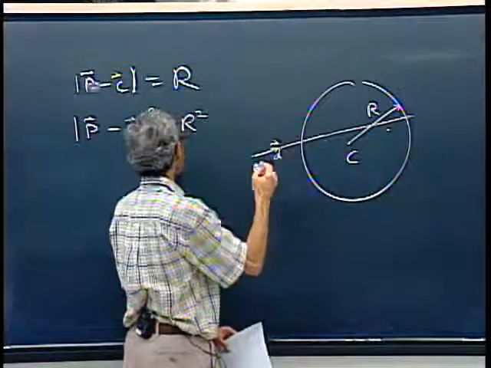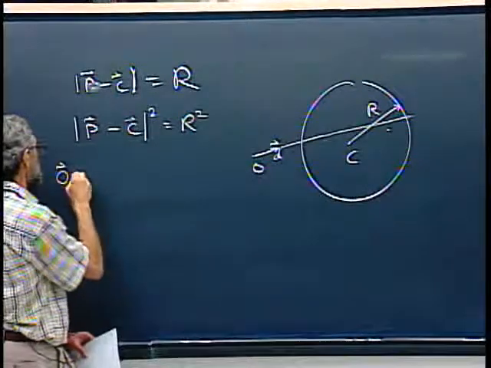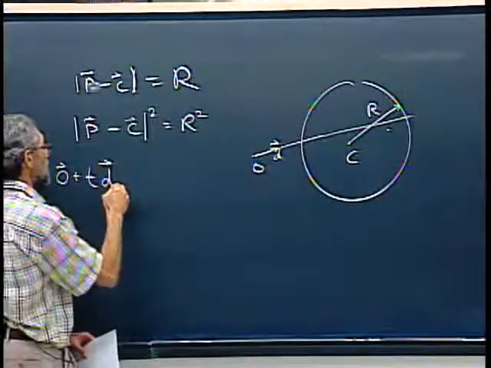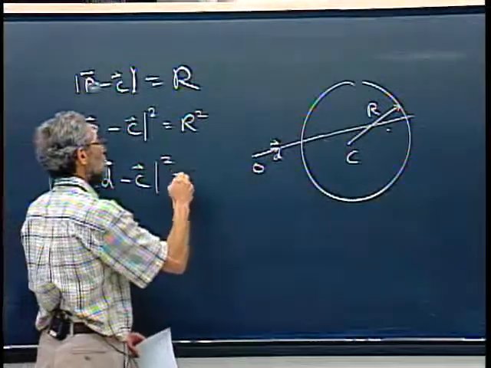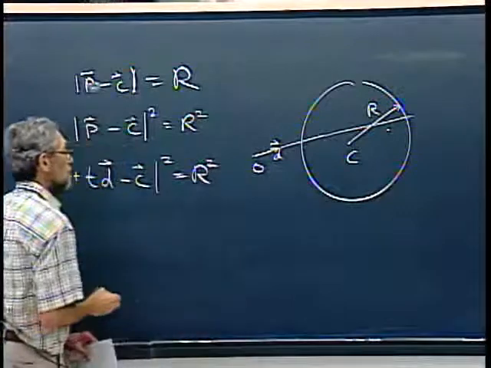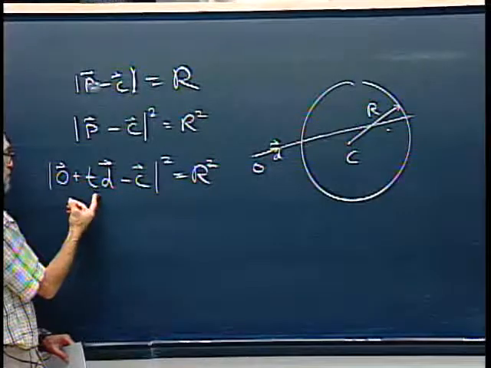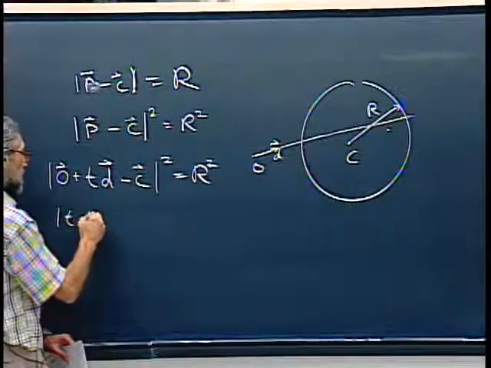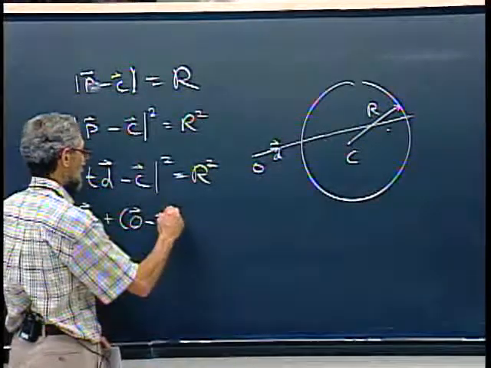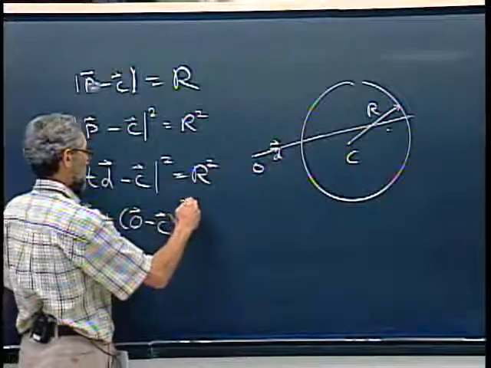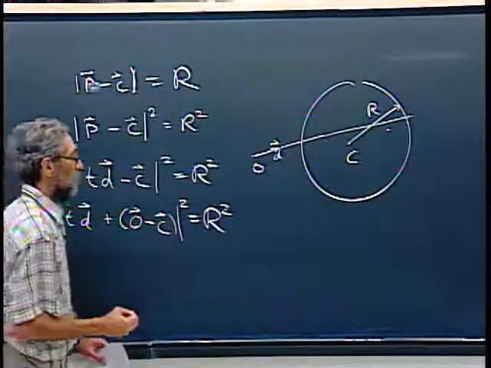Here's the direction vector, and for this point P, I'll put the ray equation O plus TD, and then minus C, I may forget these vector signs, squared equals r squared. So let's see, let me take the terms with t separately. So I'm going to say TD and then plus a constant vector O minus C squared equals r squared.